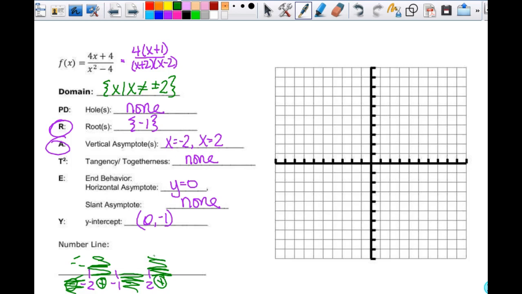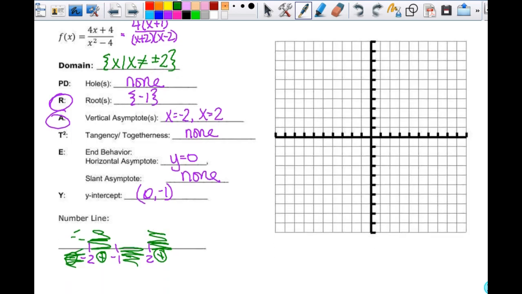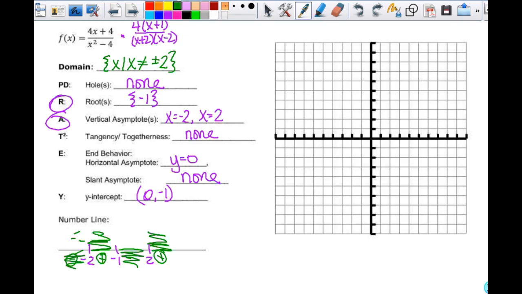And I'll go over here and graph everything I can graph. So I have a root at -1, vertical asymptote at x equals -2 and x equals 2.